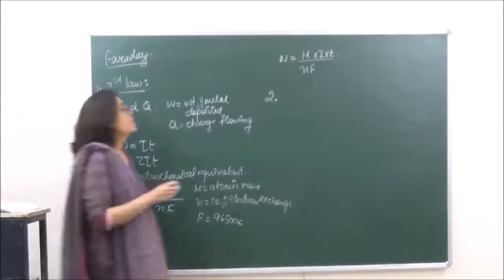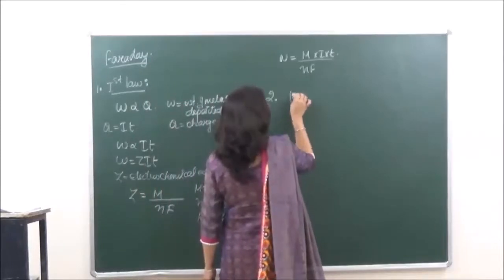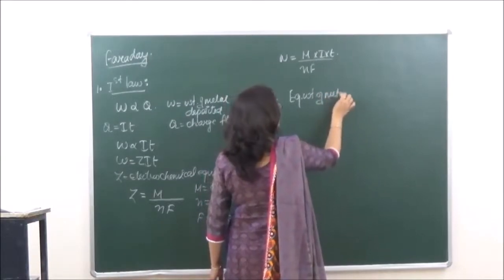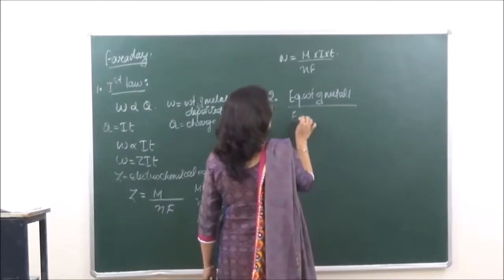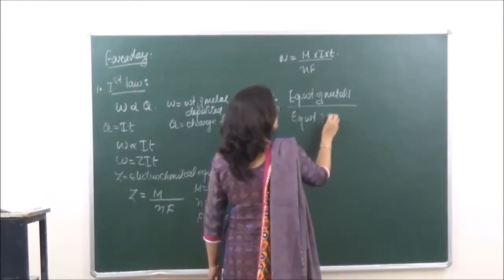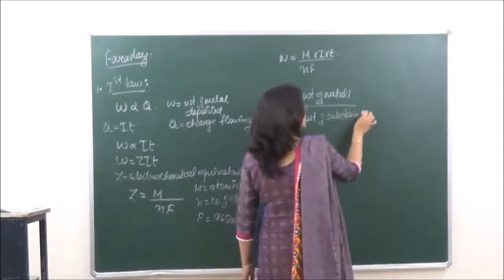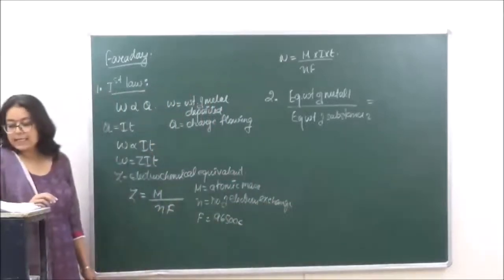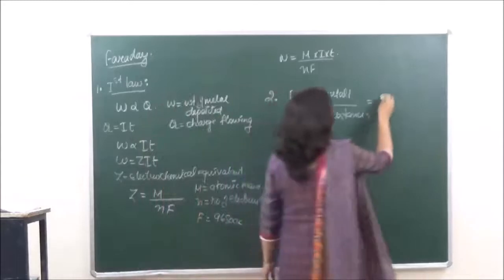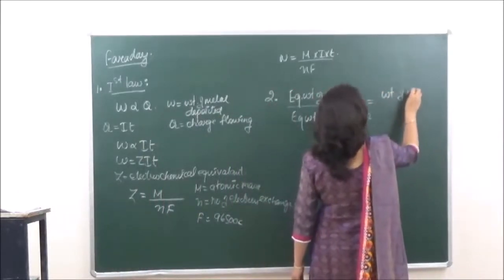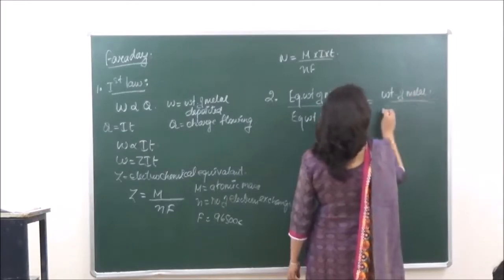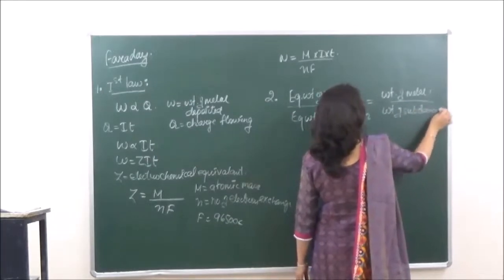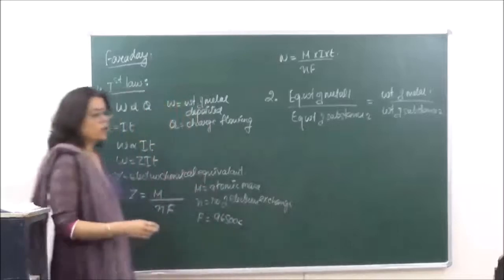In that case, the equivalent weight of metal 1 upon the equivalent weight of substance 2 is equal to the mass of metal 1 deposited upon the weight of substance 2 deposited. This is the second law, right?